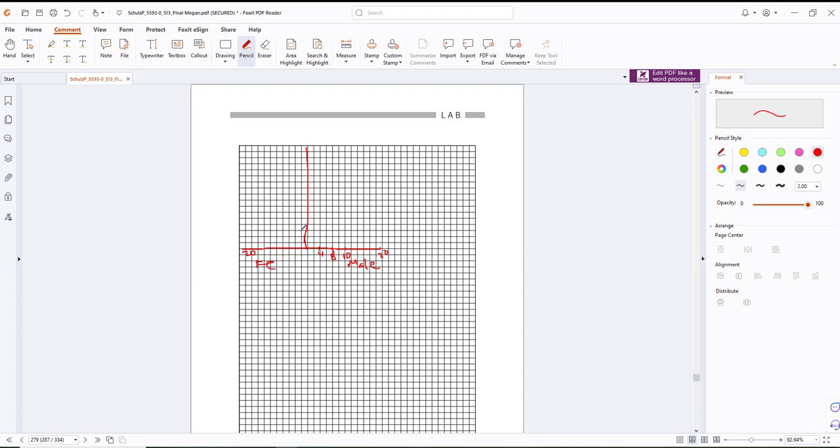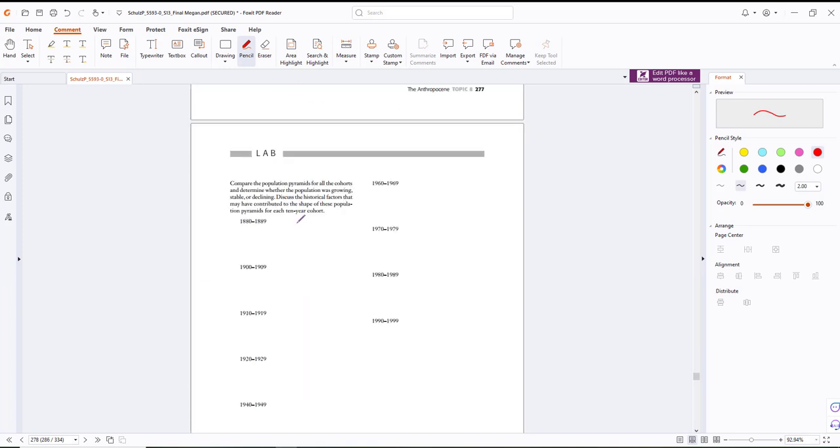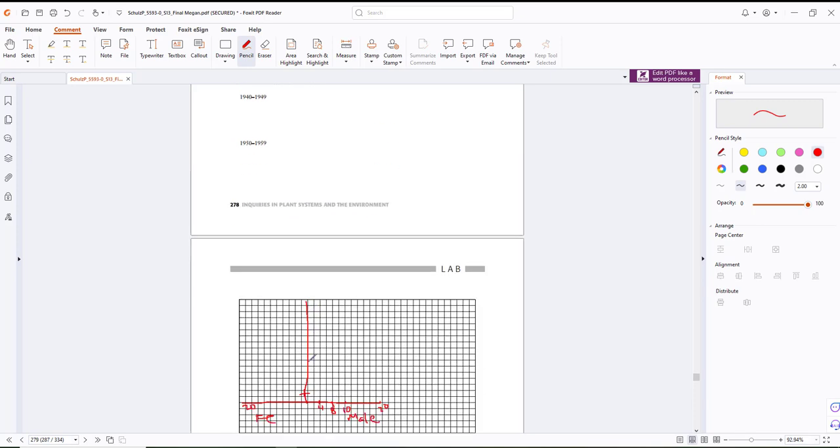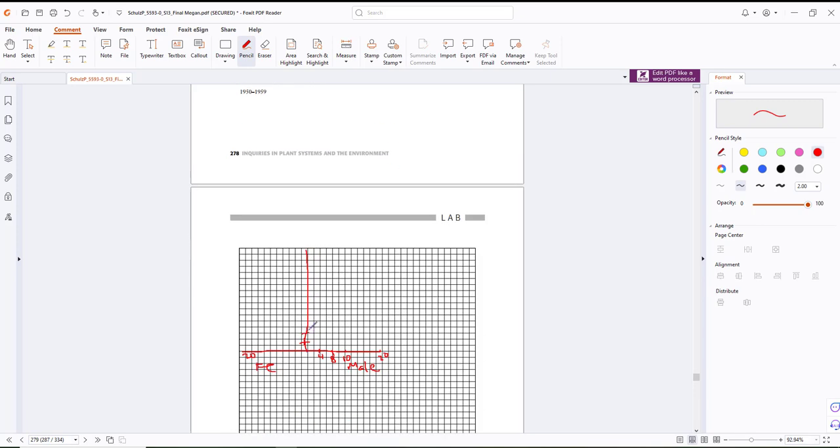And then on the y-axis will be the age cohorts. So I might have below 10, and then 10 to 20, 20 to 30, 30 to 40, 40 to 50, and so forth. Okay, so these are the age cohorts. So then I graph.